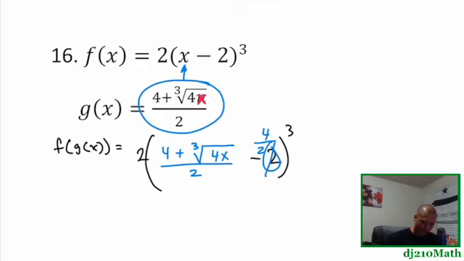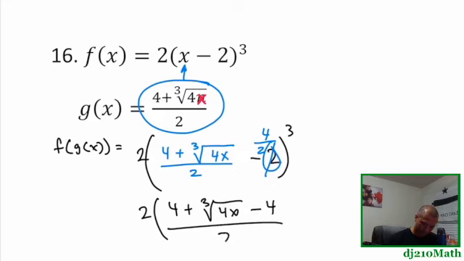So now that I have a common denominator, we can say 2, 4 plus cubed root 4x minus 4 over 2. Right? I had a common denominator 2. So they combine into one denominator, and then the numerators combine.